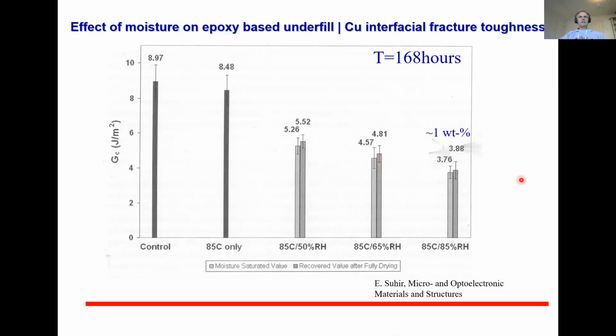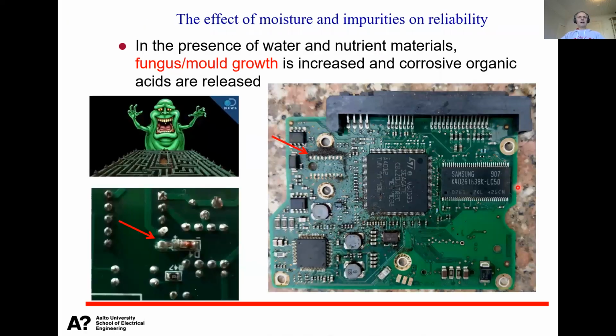Okay, this is basically a nice place to close today's lecture. I will just show you what we have next. So now, in addition to moisture, we start having different types of impurities.